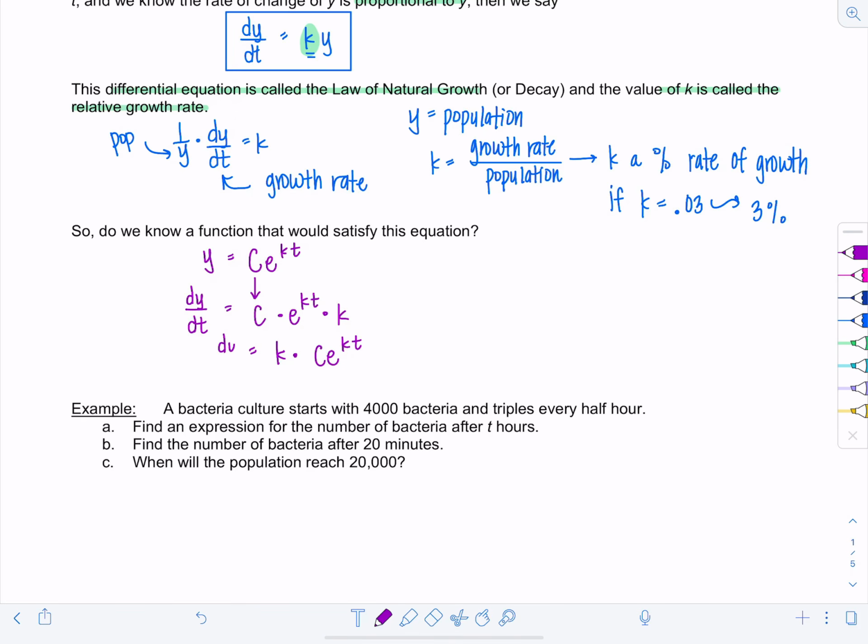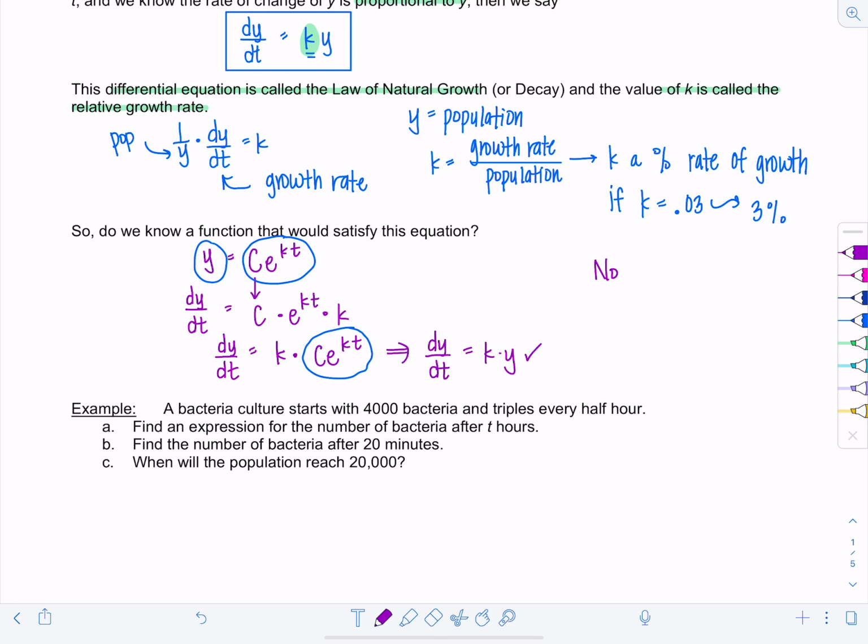So that's what dy/dt equals. But notice, what is c times e to the kt? It's y, is it not? So the derivative is equal to k times the original function. So therefore, we verified that it's a solution, k times y. Bam.